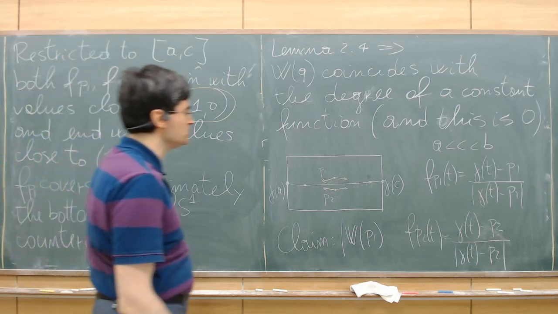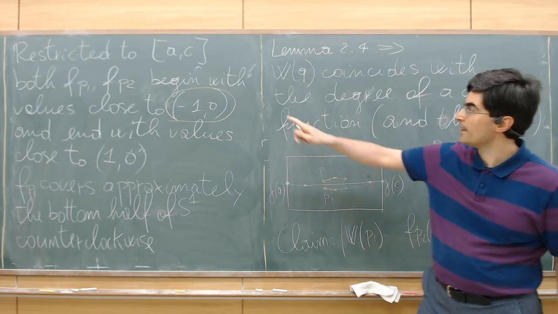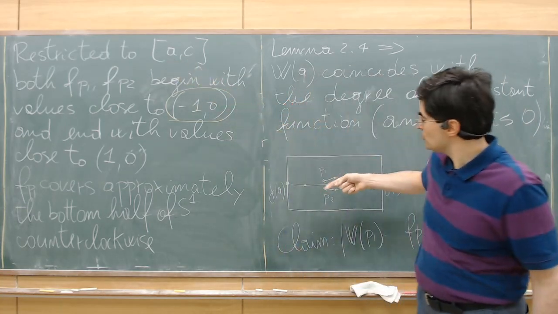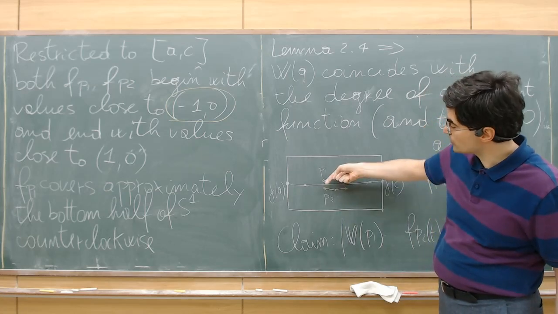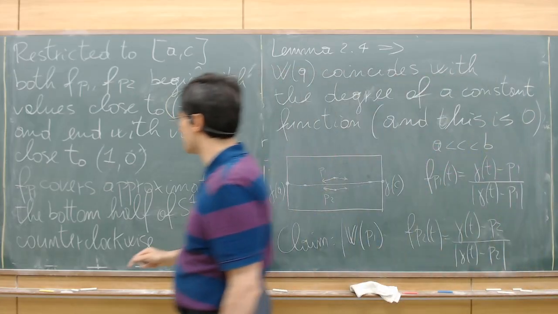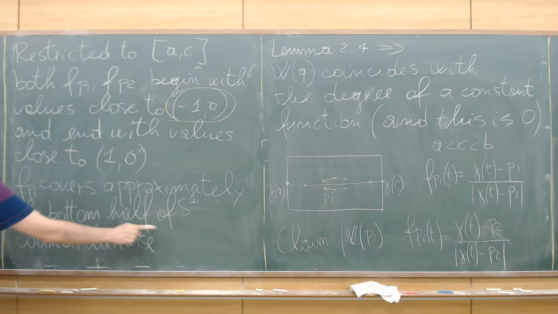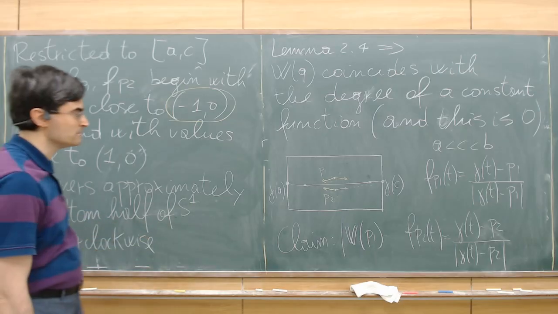Why is this true? If you let t vary between A and C, the yellow unit vector moves this way, and this means that fp1 covers approximately the bottom half of S1 counterclockwise.